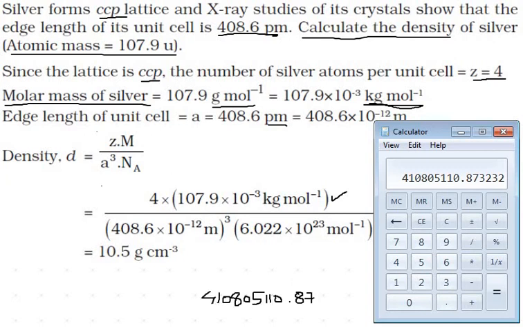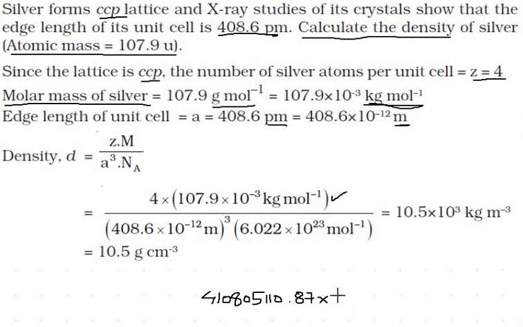Now let us simplify the powers. 10 to the power minus 12 whole cube, that is 12 into 3, which is minus 36. Into 10 to the power 23, so 36 minus 23 is 13. So the denominator will have 10 to the power minus 13.